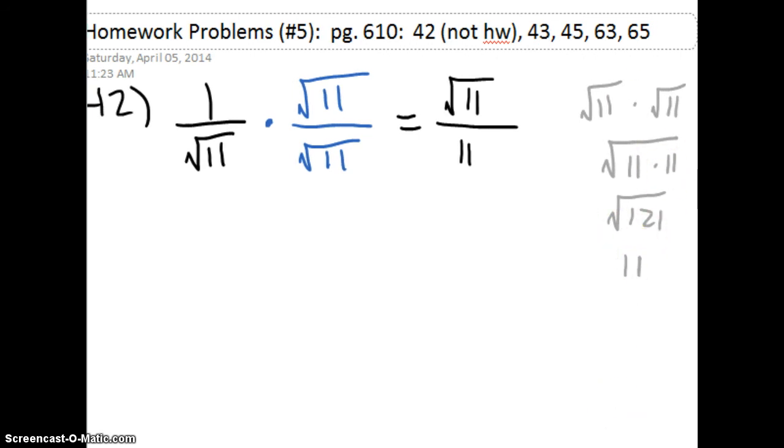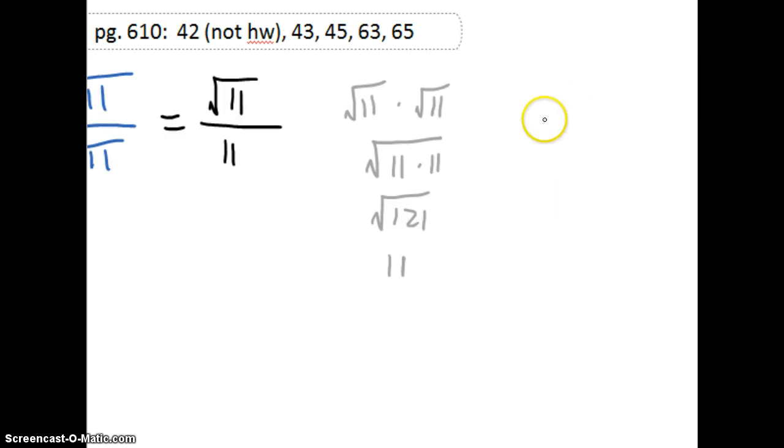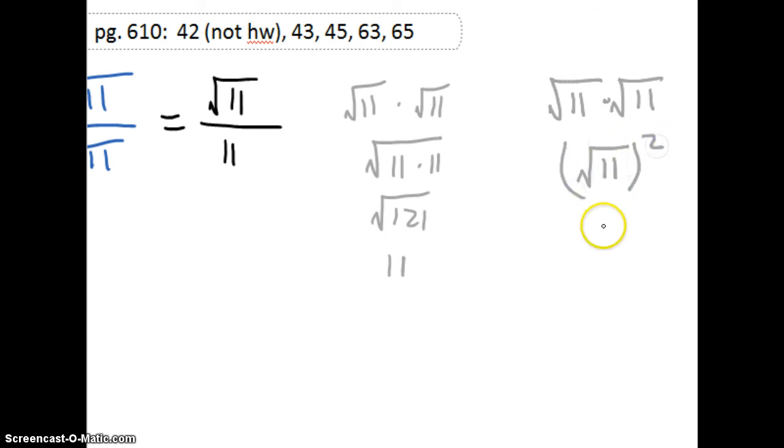Now, another way to explain why we're allowed to do this is by actually looking at what the square and square root actually mean. I have square root of 11 times square root of 11. Another way to write that is the square root of 11 squared. These guys are inverse operations. They're not true inverses, but they act like inverse operations.